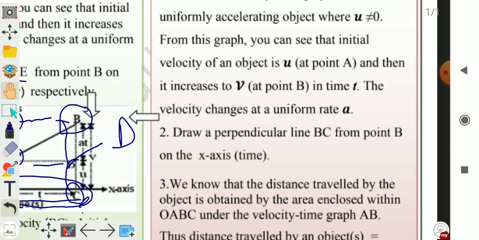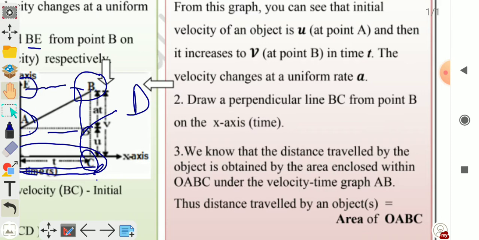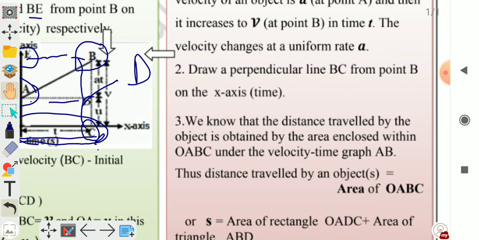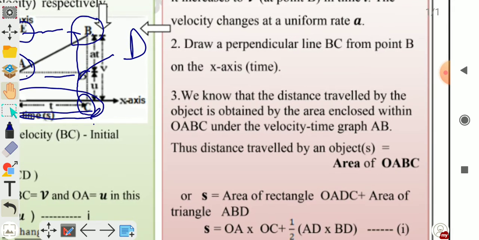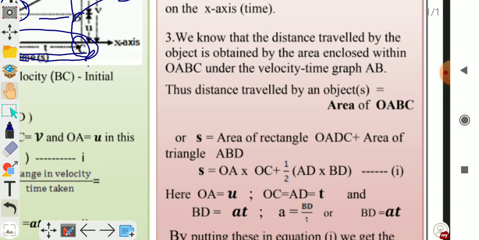From this graph you can see that initial velocity of an object is u at point A and it increases to v at point B in time t. The velocity changes at a uniform rate A. Draw a perpendicular line BC from point B on x-axis time, and we know that the distance traveled by an object is obtained by the area enclosed within OABC under the velocity time graph AB.